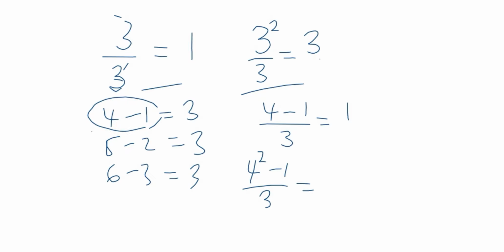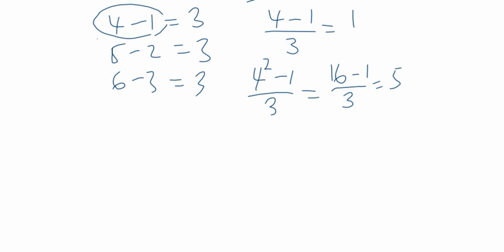Of course, yes. We will be getting 16 minus 1 on 3. We should be given 15 on 3, which should be 5. We can continue with many more examples, as in 4 exponent 3 minus 1 on 3. When you do this, you should be getting a value that 3 can divide. You may try and see.